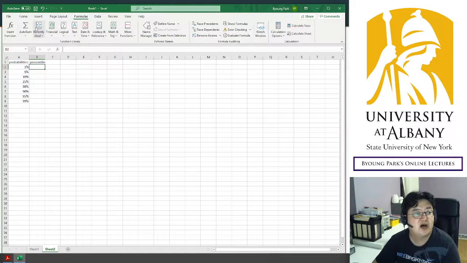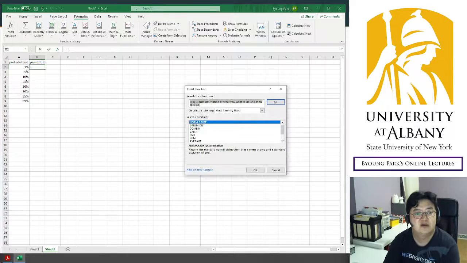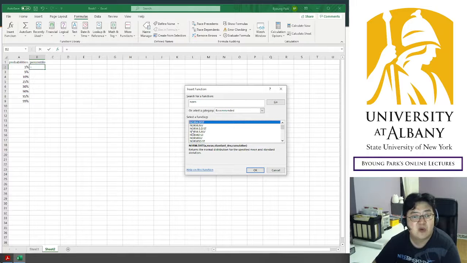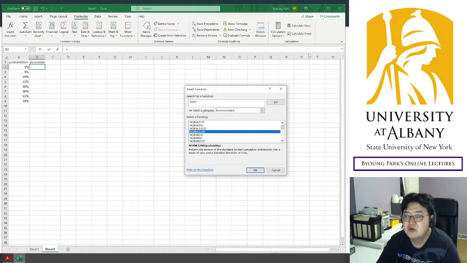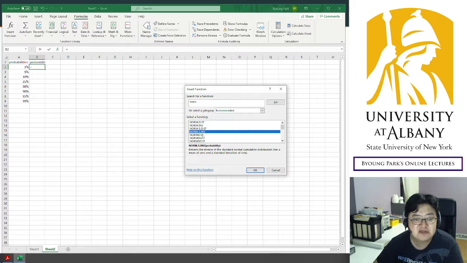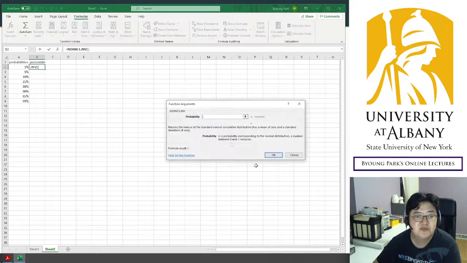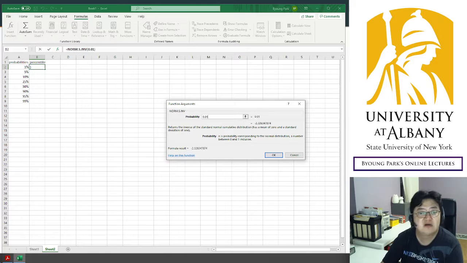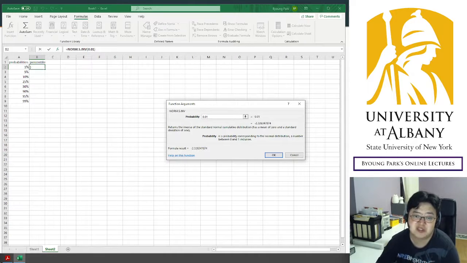The percentile formula is, again, search norm, and what we are going to use is norm.s.inv. So it is the inverse of the standard normal distribution. Click OK. Then there is only one entry, probability. For 1%, you have to use a number between 0 and 1, not a percentage.